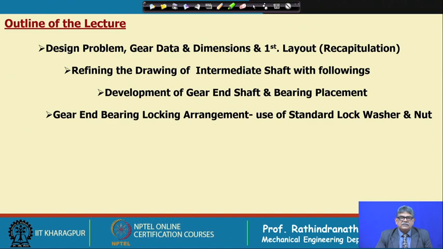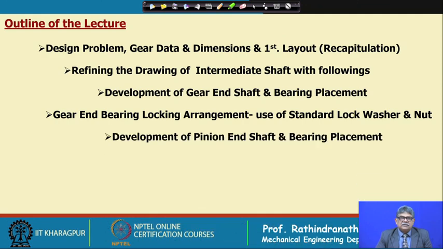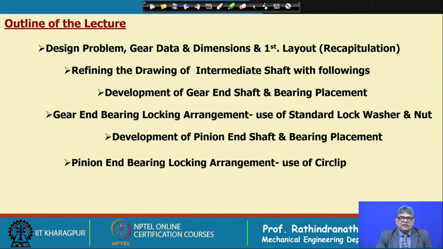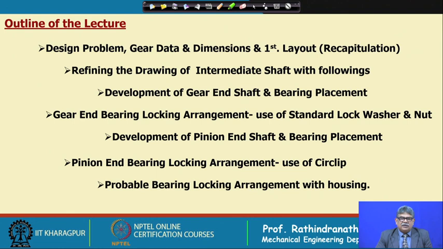Next, gear end bearing locking arrangement, use of standard lock washer and nut. Development of pinion end shaft and placement of bearing, and then pinion end bearing locking arrangement, use of circlip, and finally, I will show the possible bearing locking arrangement with housing.